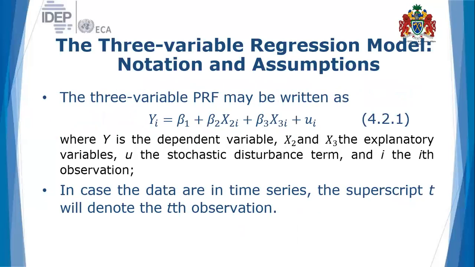Now, the 3-variable regression model. The 3-variable population regression function may be written as y_i equals beta 1 plus beta 2 x_2i plus beta 3 x_3i plus the error term u_i, where y is the dependent variable, x2 and x3 are the explanatory or independent variables, and u is the stochastic disturbance term, and i is the ith observation, because there would be several observations under each variable.